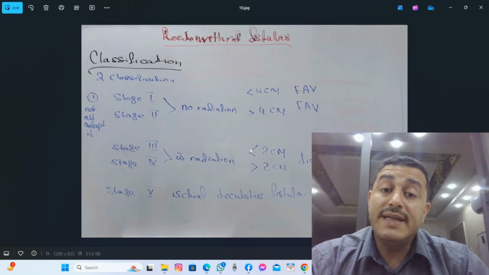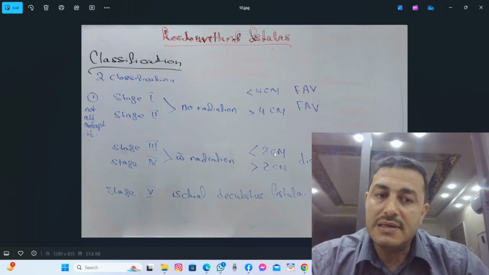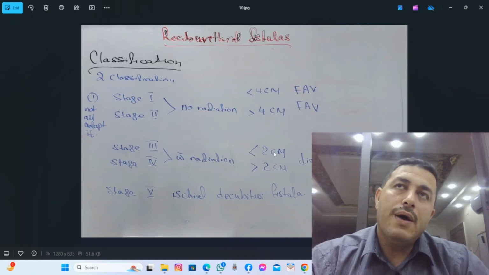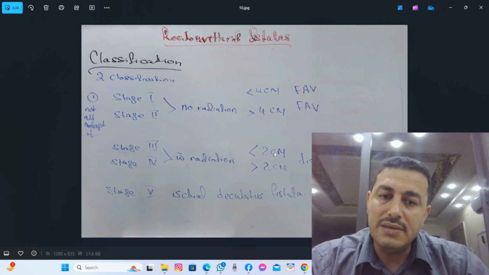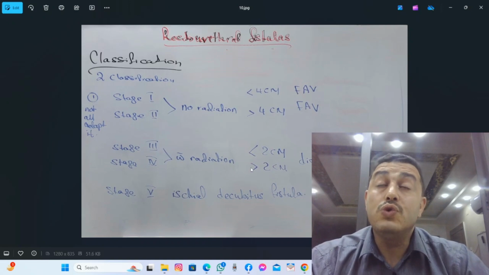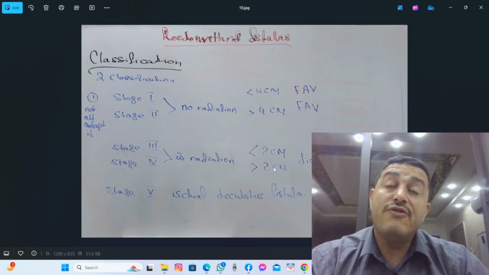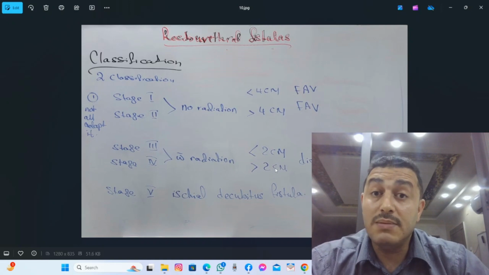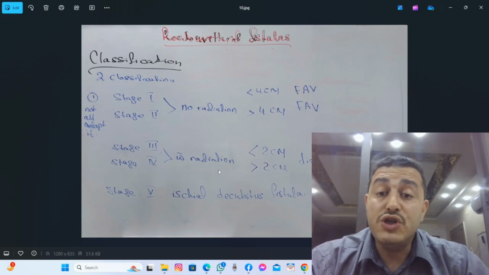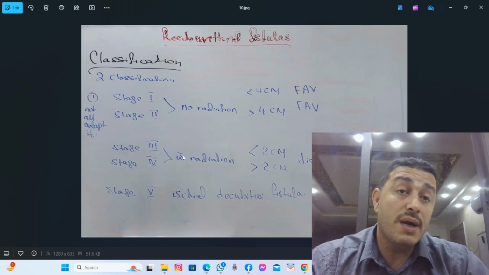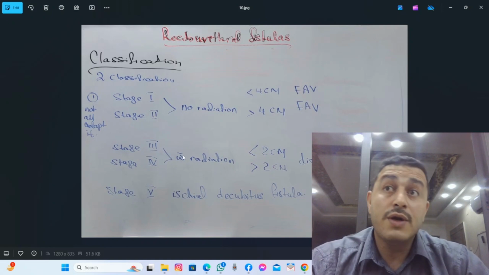Stage 3 is a diameter less than 2 centimeters, and stage 4 is those patients who are radiated and have a diameter more than 2 centimeters. So for a patient with radiation, we are talking about stage 3 or 4.